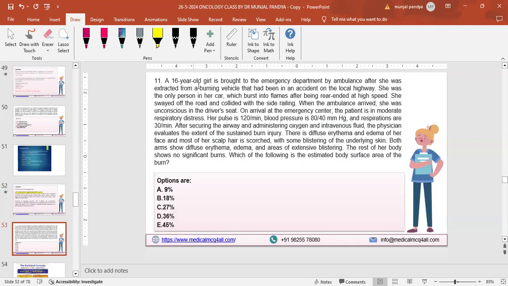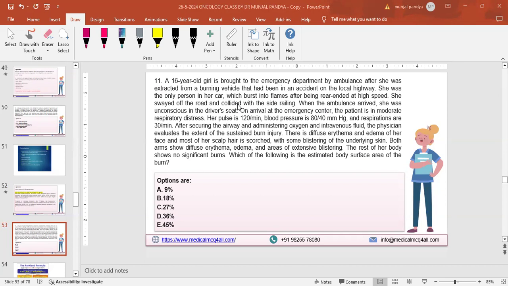Important surgical questions, little tricky questions. Don't be afraid of a long scenario. A 16-year-old girl is brought to the emergency department by ambulance after she was extracted from a burning vehicle that had been in an accident on the local highway. She was the only person in her car, which burst into flames after being rear-ended at high speed.